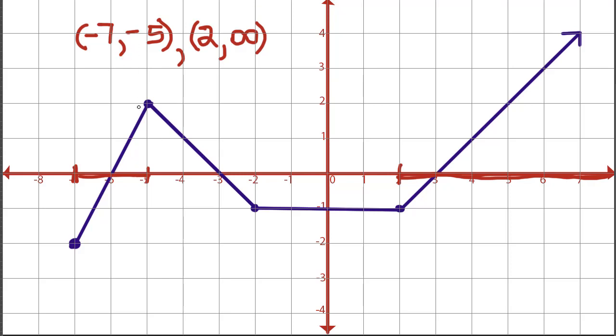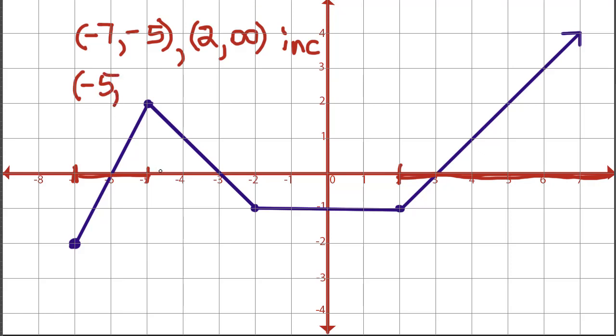Now let's look at where it's decreasing. So these were increasing. I'll just abbreviate here, INC. And I'm going to do decreasing now. So it starts going down right where it stopped going up at -5. So we start at -5.